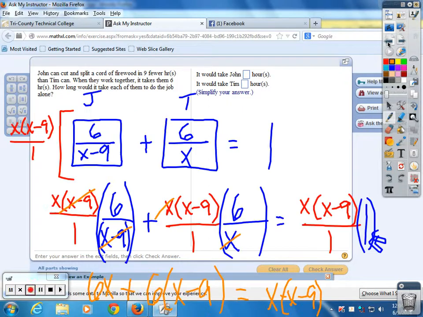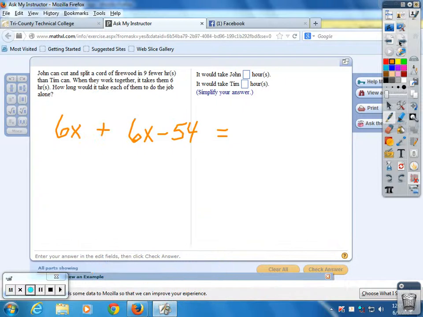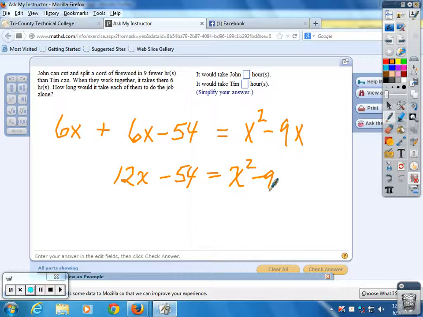Let me go back and look at it. Equals x squared minus 9x, right? X squared minus 9x. Now what happens to the 6x plus 6x? That comes up to be 12x. Minus 54 is equal to x squared minus 9x.